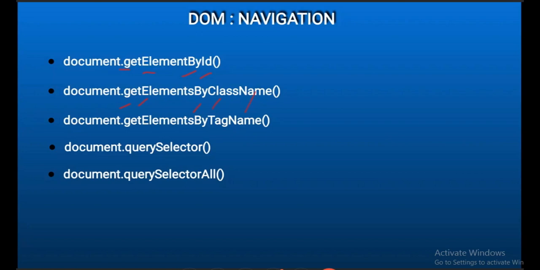Let's look into each of these DOM navigation methods one by one. First, document.getElementById. We will access one element using an ID. If you observe this HTML page, there is an H1 tag with the ID of title. We can access that particular element in the HTML page.